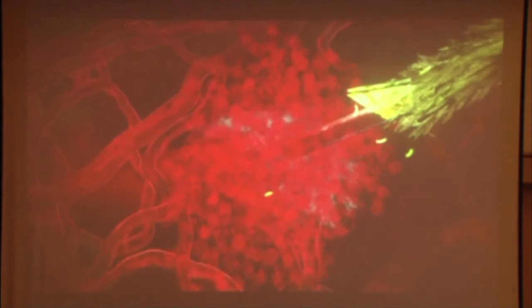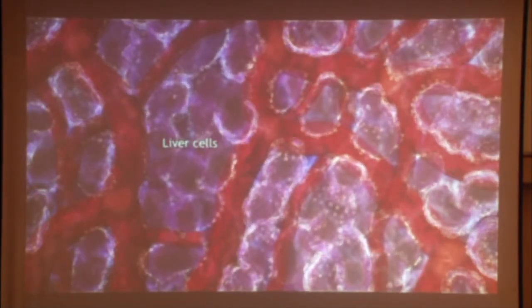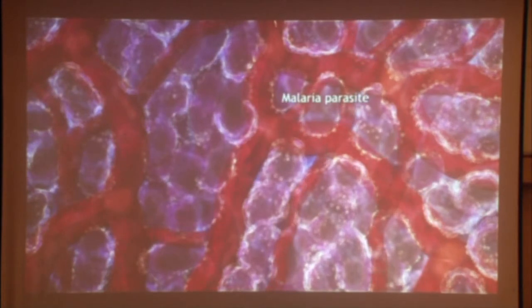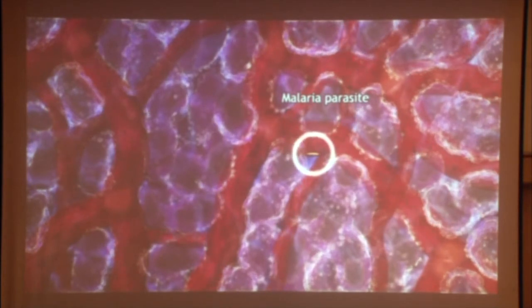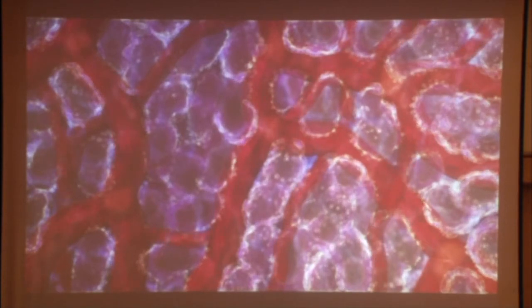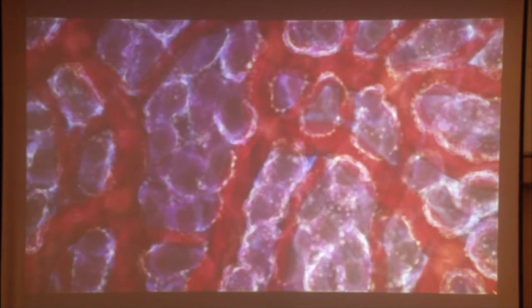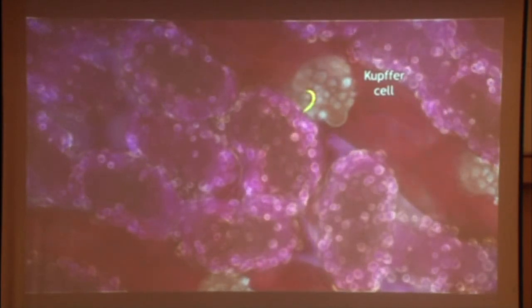The parasite rides the bloodstream like a network of roads, seeking its first target. The core of your body's blood filter system, the liver. Sensing its arrival at the liver, the parasite searches for an exit. A sentinel Kupffer cell is the entry point to liver tissue.